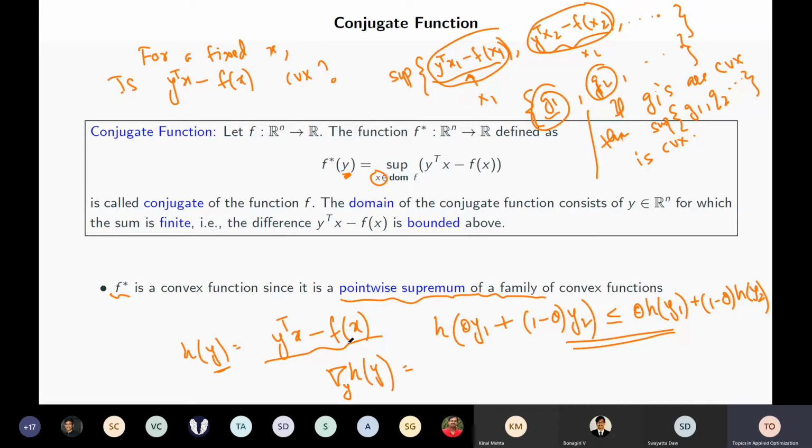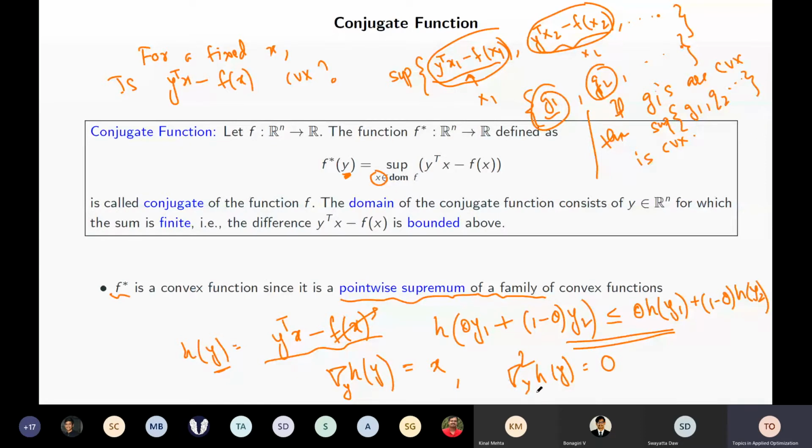If we take the derivative with respect to y, what will be left here is x, and this term will go away because it will be 0. Then if we do one more, grad square h of y, what will be left? 0.